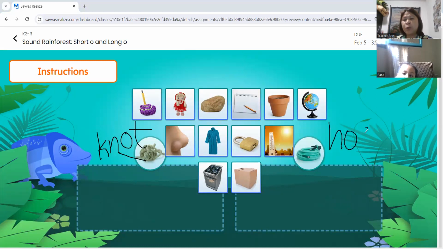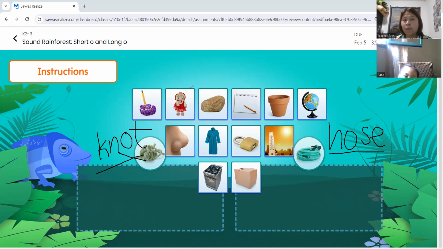So which word has a short O? Knot or hose? Which word has a short O? Knot. Very good. And the long O sound is? Hose. Yes. So we are going to sort the pictures.